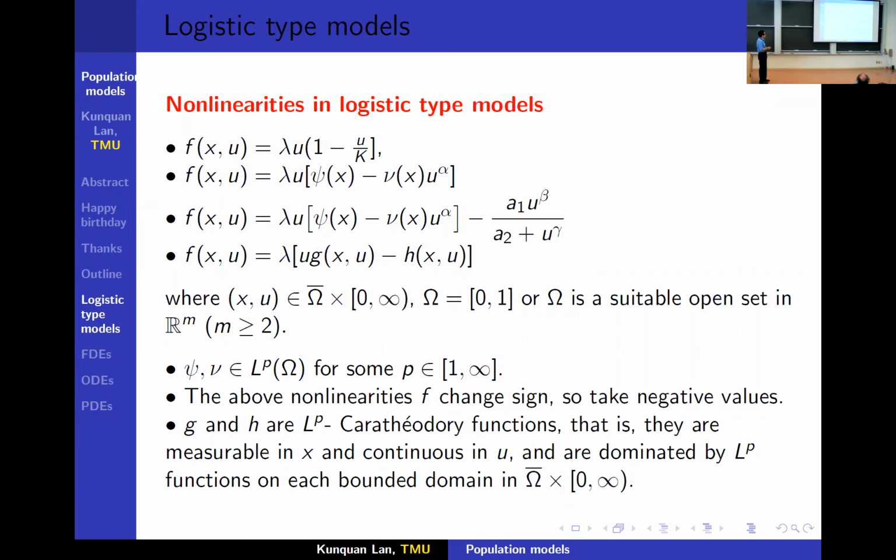So g and h satisfy the Carathéodory conditions: in x, it's measurable, and in u, it is a continuous function. If the function is independent of x, then this function must be continuous. And also they can be controlled by an L^p function.